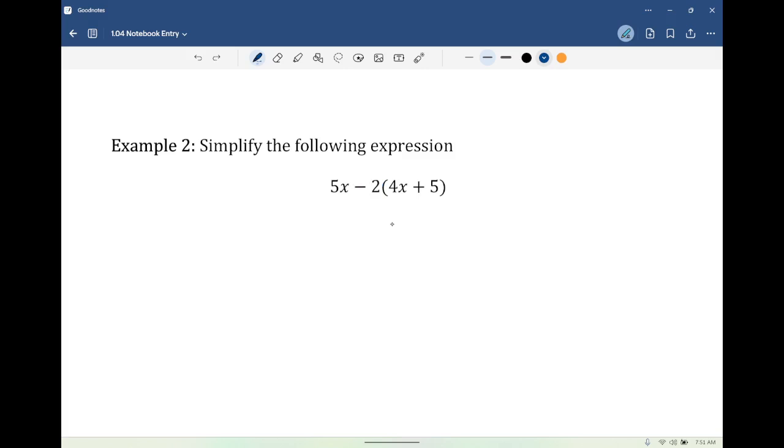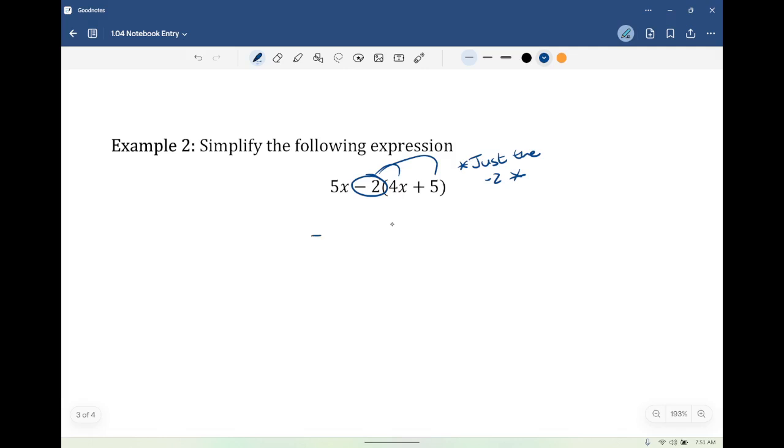Like that. That -2 is now what we distribute to both of these terms. But I also want to be clear that it is just the -2. I am not distributing the 5x. I am only distributing the number that is touching the parentheses.